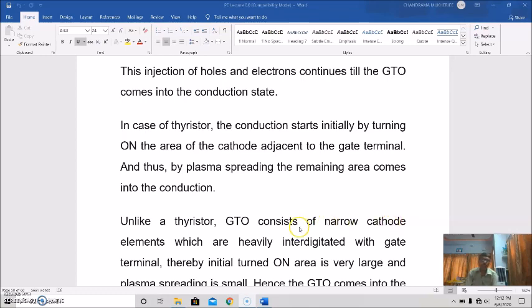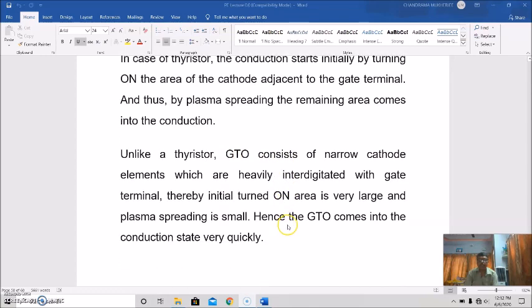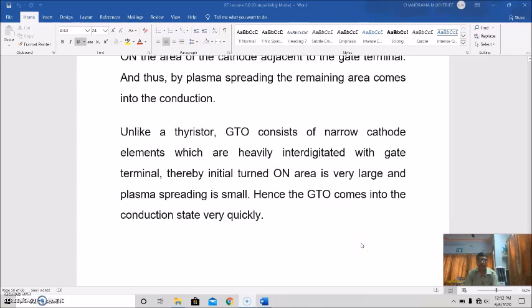In case of thyristors, the conduction starts initially by turning on the area of the cathode adjacent to the gate terminal, and then by plasma spreading the remaining area comes into conduction. Unlike a thyristor, a GTO consists of narrow cathode elements which are heavily interdigitated with the gate terminal.